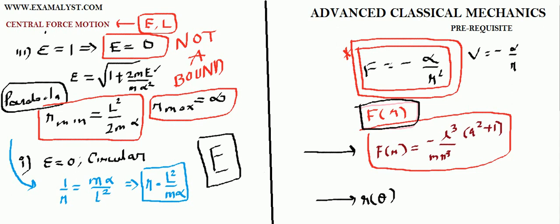But now if you are given a particular force and asked for the orbit, what will be the orbit with respect to this force? Or vice versa, if you are given an orbit, then what will be the force? In such circumstances, how will you answer the questions of central force motion? That we'll do in our next lecture.